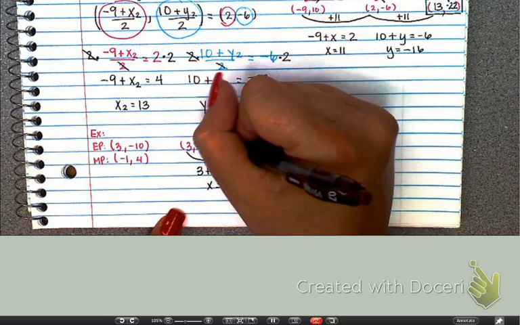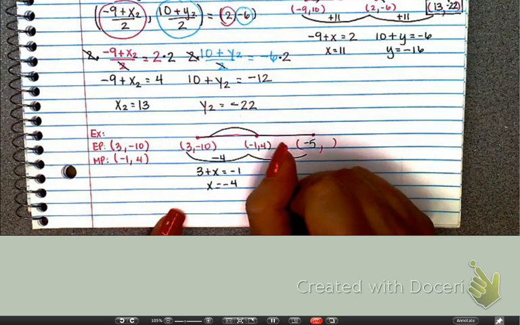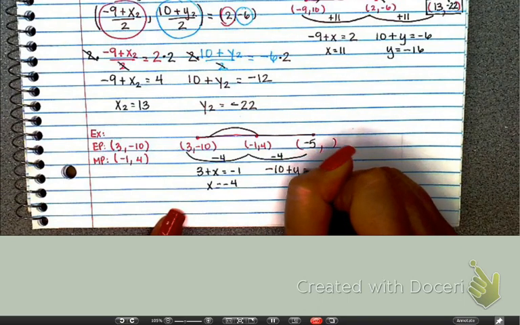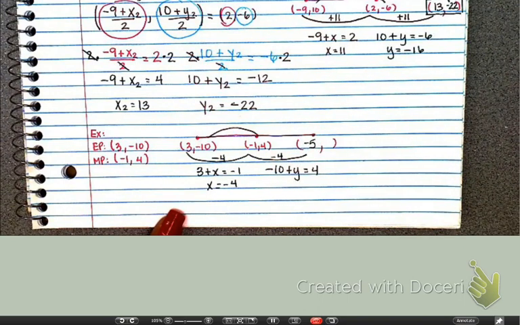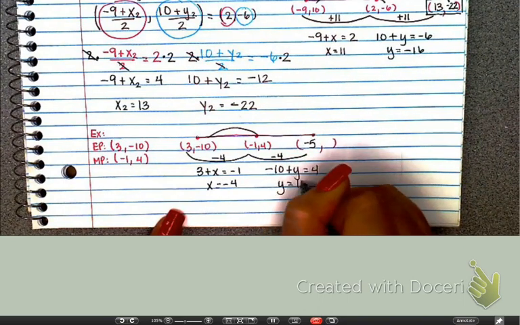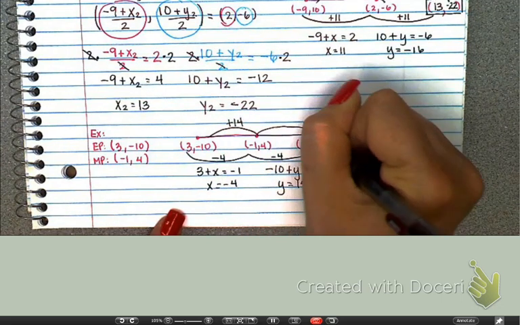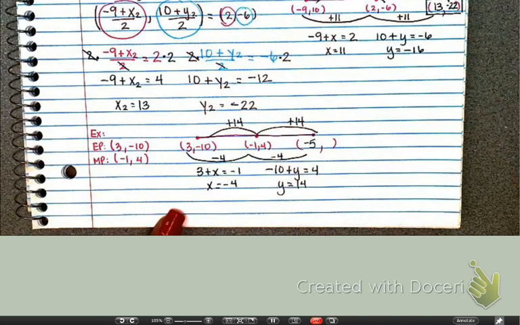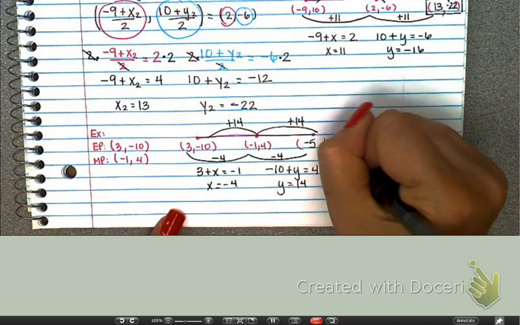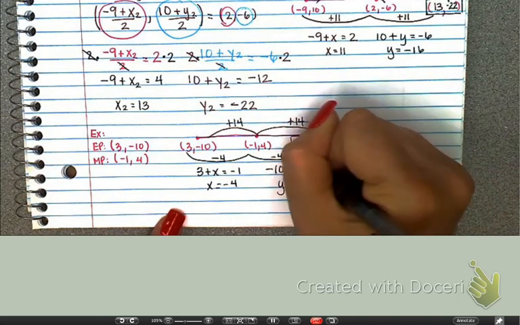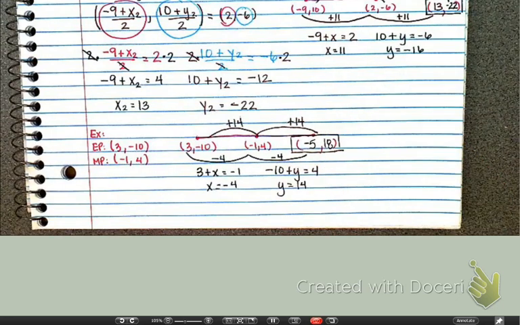Now how many units away is the y? So I have negative 10 plus y equals 4. What does y equal? Positive 14. So I'm adding 14 units to my y. What's 14 plus 4? 18. Your final answer, whether you use method 1 or method 2, should be (negative 5, 18).